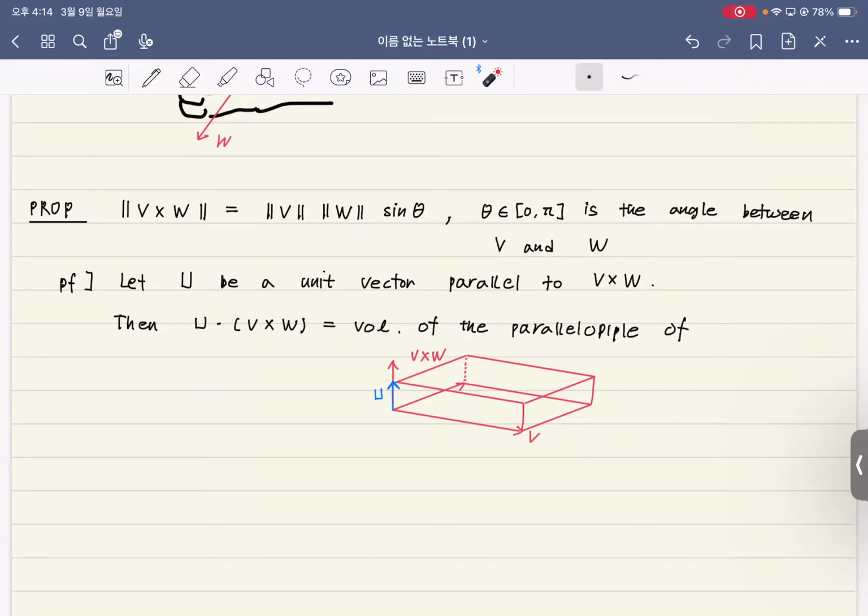This is the parallelepiped given in this picture.